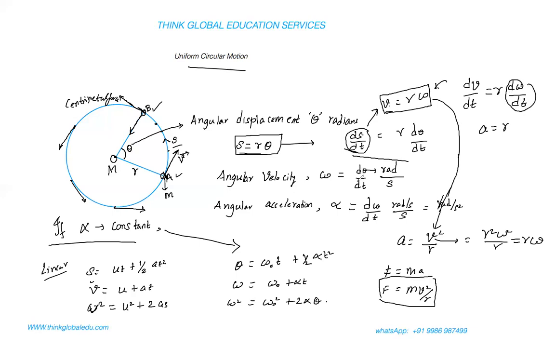So a is equal to r alpha. This is another identity, and this acceleration is called the tangential acceleration. This tangential acceleration is useful in finding the centripetal force.